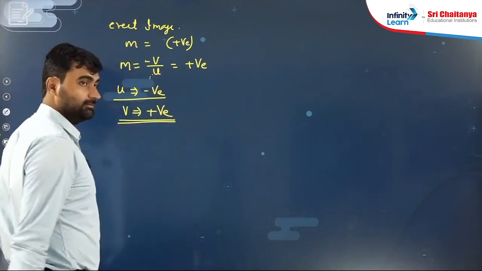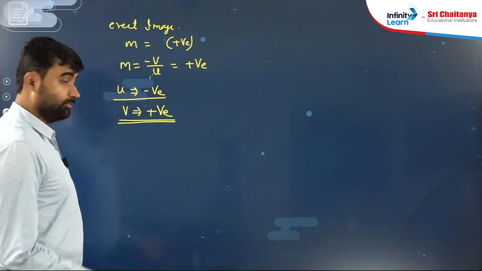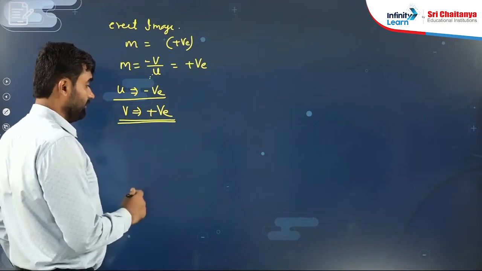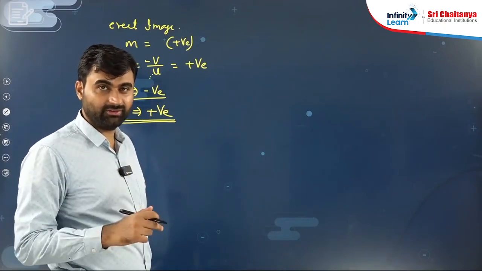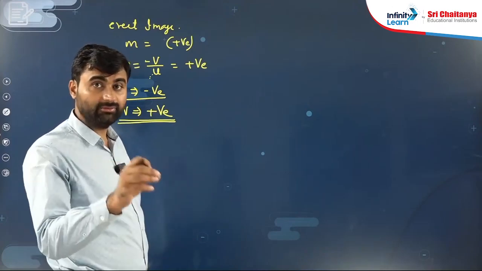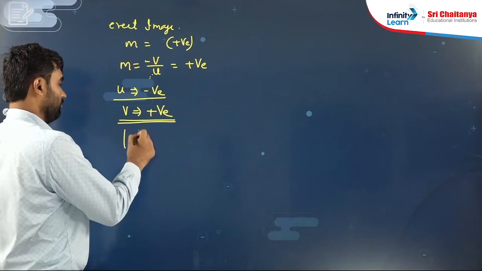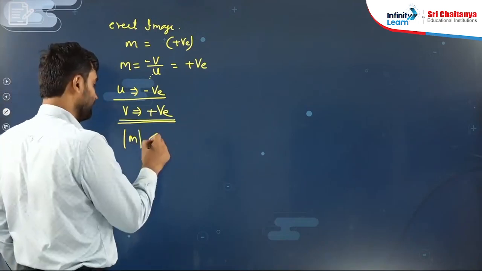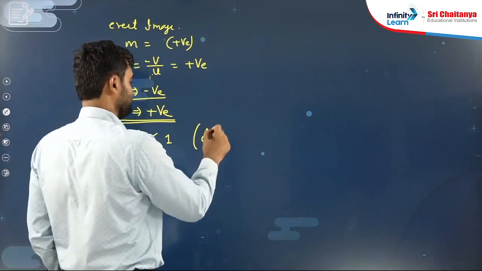And one more point is given, what? That the size of the image is less. The size of the image is less, it is a diminished image, so mod m is less than 1.